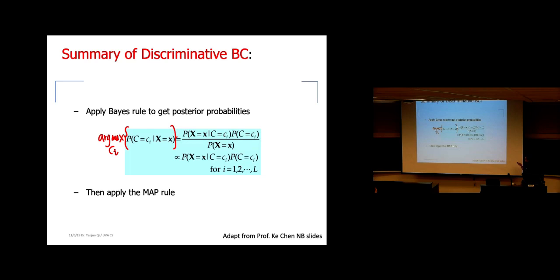Performing argmax on this is equivalent to performing it on this, because the denominator is not related to C at all. No matter what C_i is, it is a shared value in the denominator, which means it doesn't change the ordering of C1, C2, and so on. That's why we don't need it if we only care about the max operation.